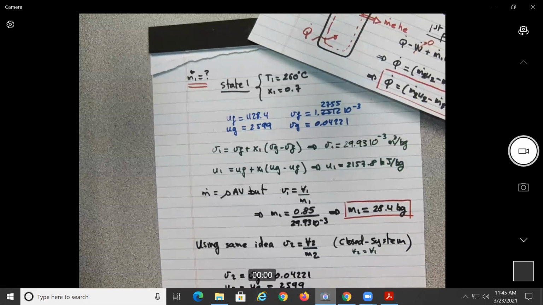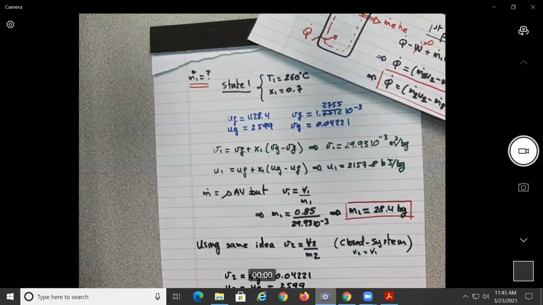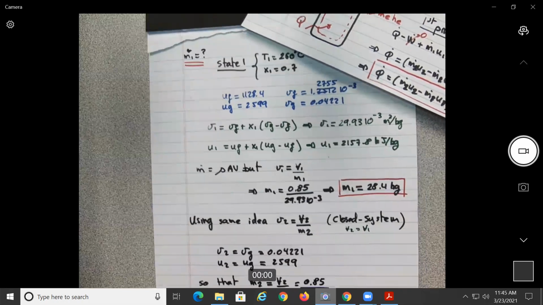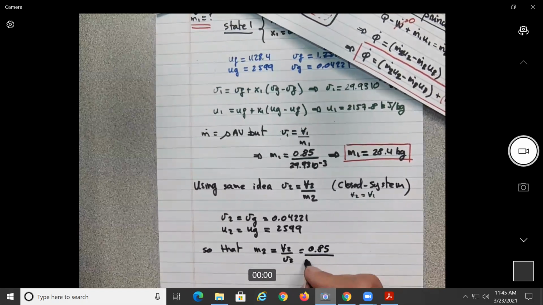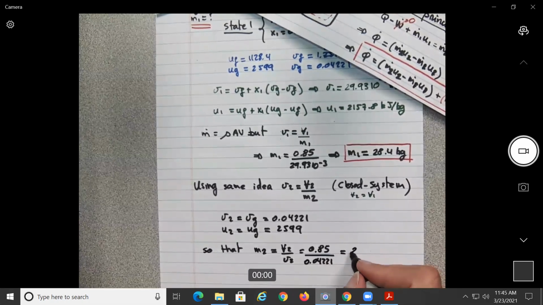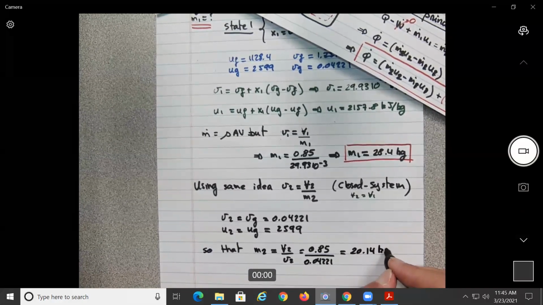Okay, so we can find M2 would be equal to V2 over the specific volume, 0.85 divided by 0.04221, which would be equal to 20.14 kilograms.